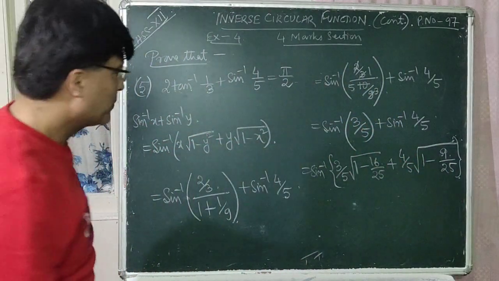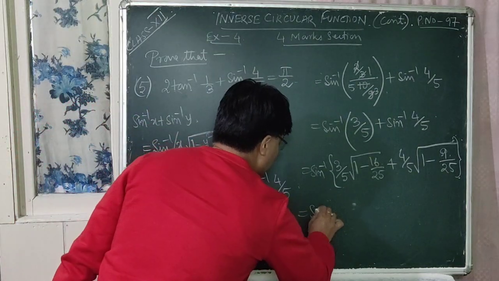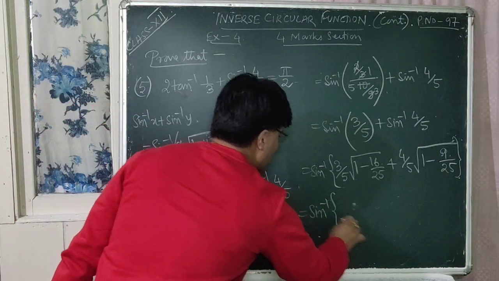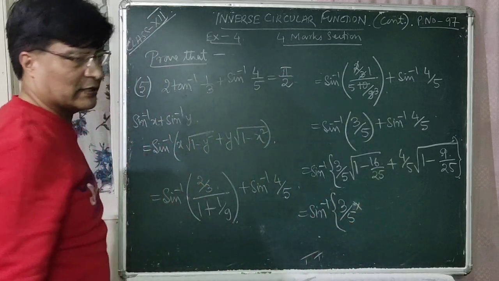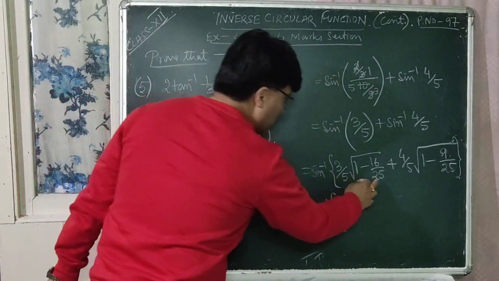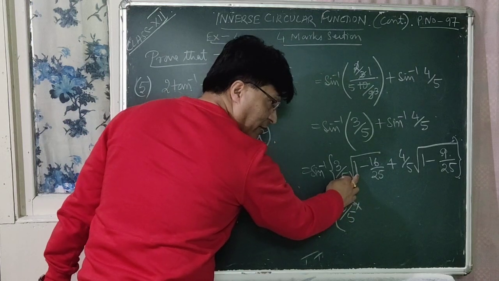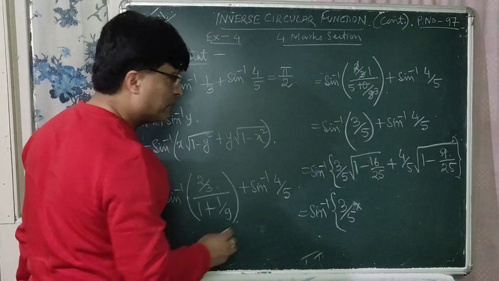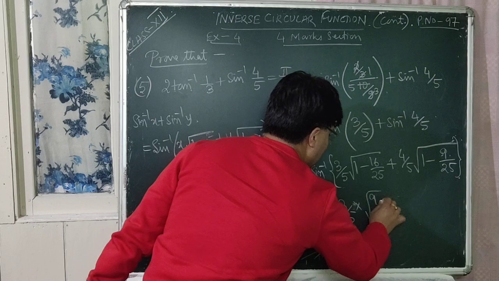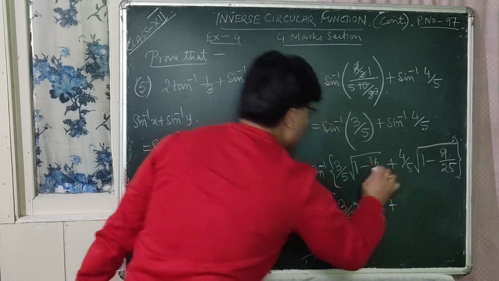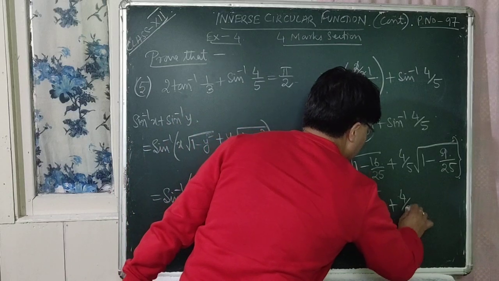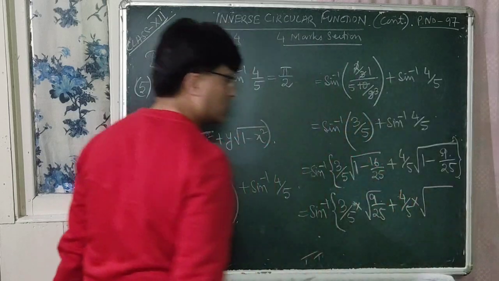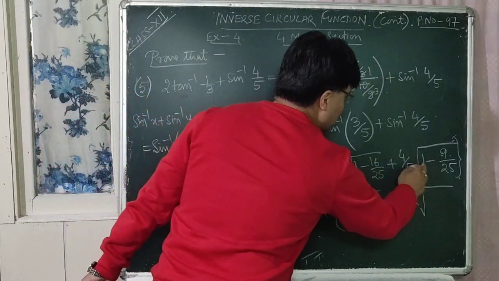Is that clear? So which is equal to sine inverse within bracket 3/5 into, let us simplify it. Within square root, it is 25 ones are 25 minus 16. What is it? Root over 9/25 plus next 4/5 into within square root. It is 25 ones are 25 minus 9.